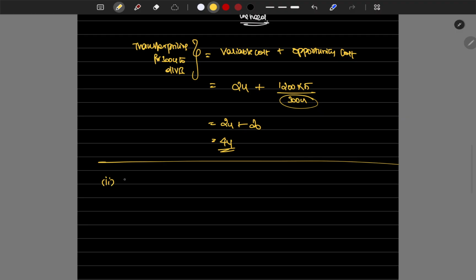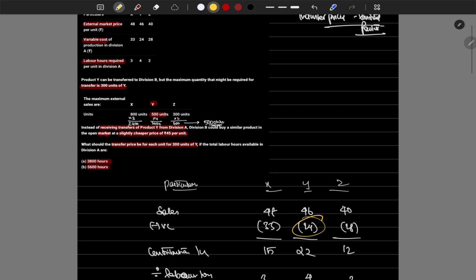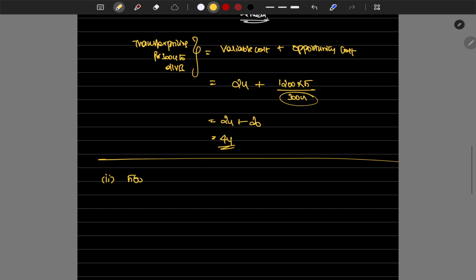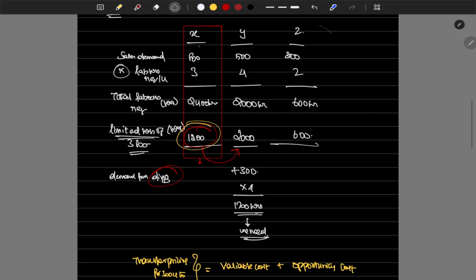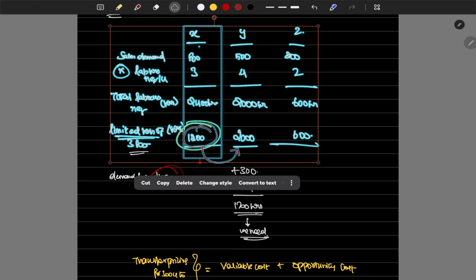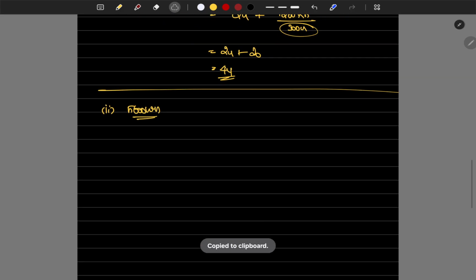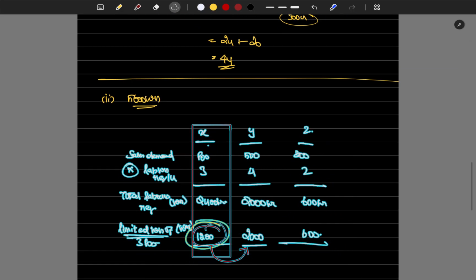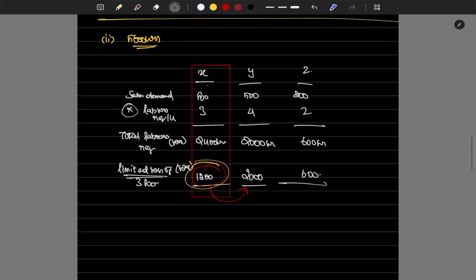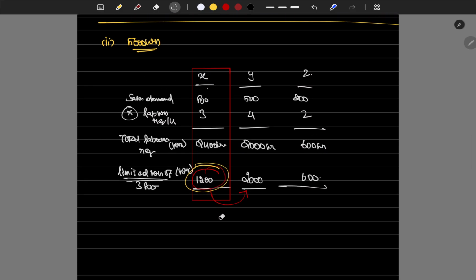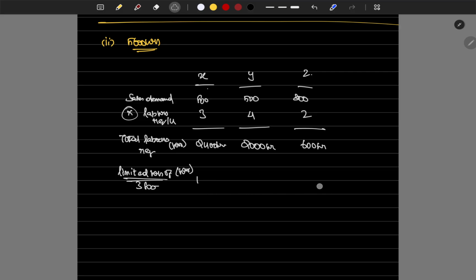What will be the case if the hours are 5600? Let's quickly place it here. Okay, so total available is 5600 hours.